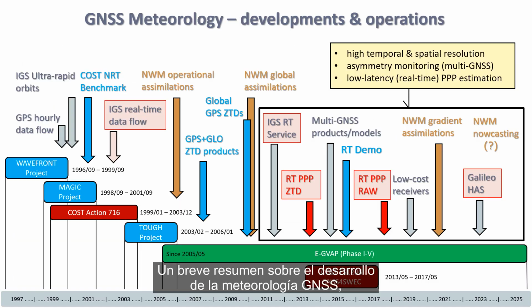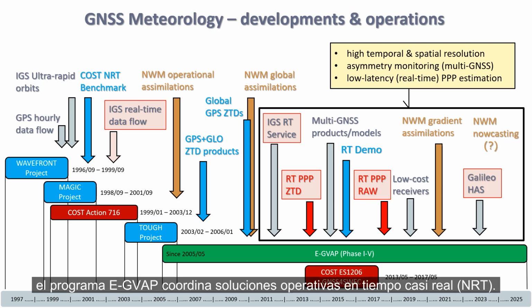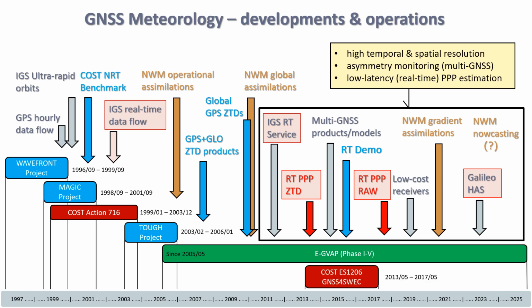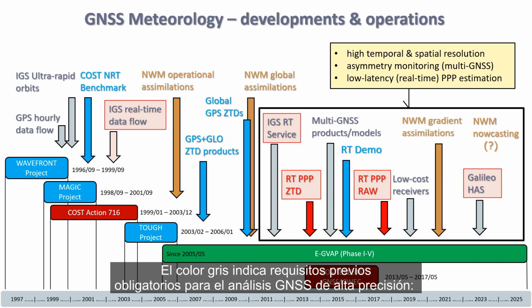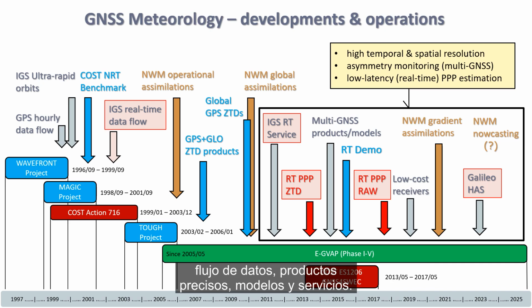A brief overview about the development of GNSS meteorology includes significant international projects. Since 2005, the E-GVAP coordinates operational near-real-time solutions. Gray color indicates mandatory prerequisites for GNSS precise analysis: data flow, precise products, models, and services. Blue color represents the demonstration and operational analysis.